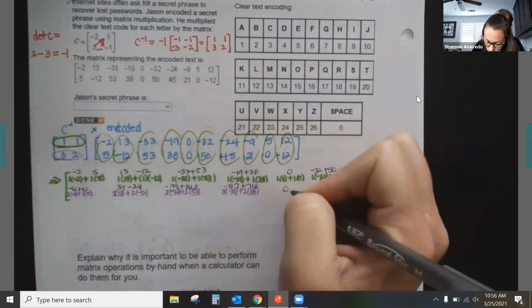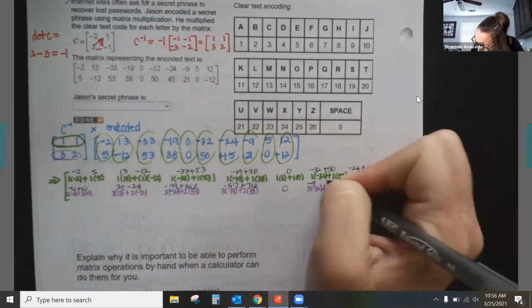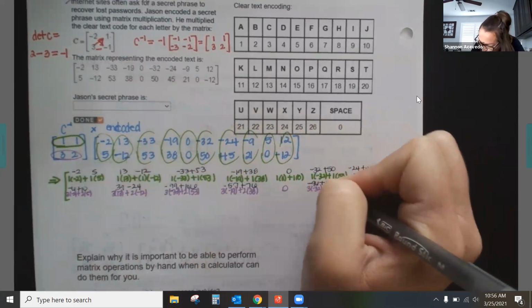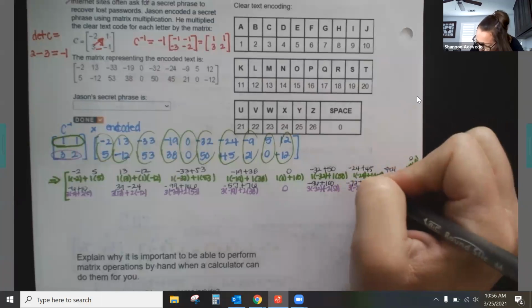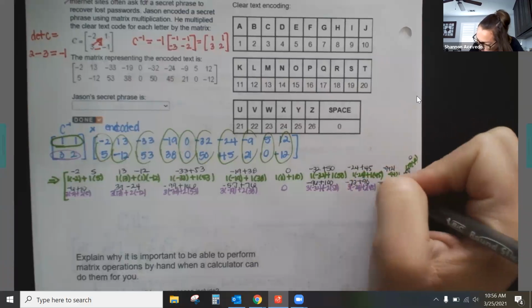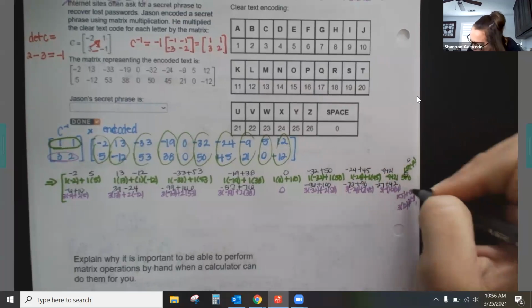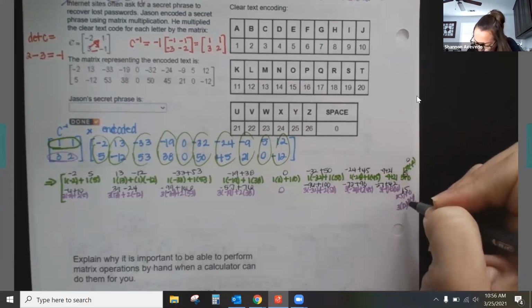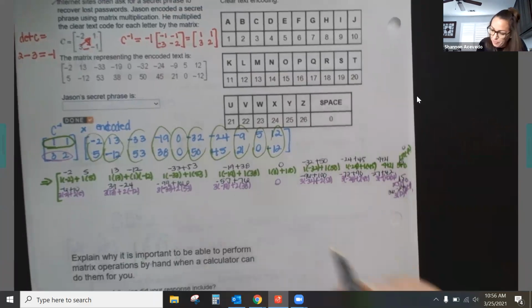This is going to be my 0. This is negative 96 plus 100. This is negative 72 plus 90. This is going to be negative 27 plus 42. This is just going to be 15. And my last one is 36 minus 24.